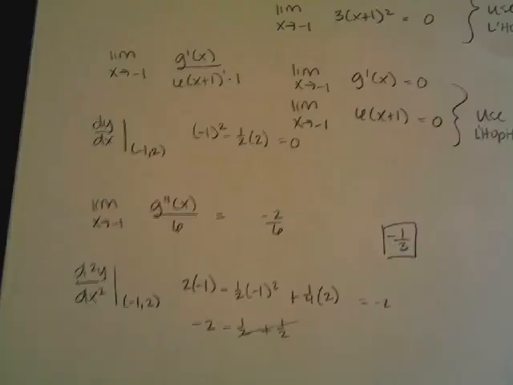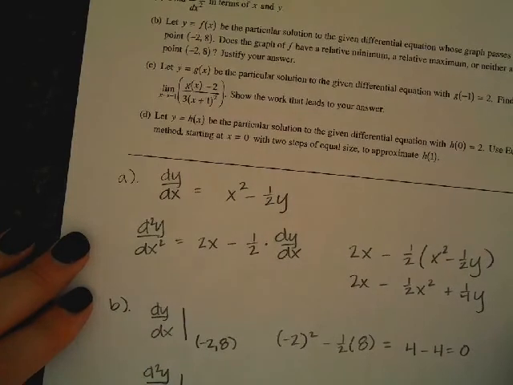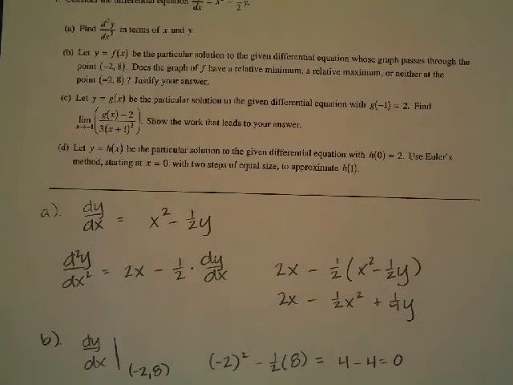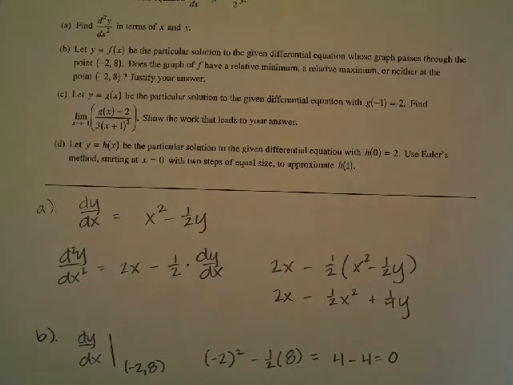All right. And then for part D, it says that we're using Euler's method. So we're using the initial value (0, 2). We're using that differential equation. We're trying to find h of 1 with 2 steps.